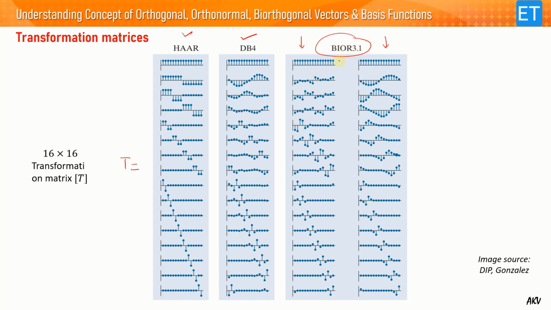Obviously, because bi-orthogonal, as I have already explained, the first T1, I mean first transformation matrix, is used for decomposition, and the second one T2 is used for reconstruction, I mean the inverse transform. So these are some graphical views of the transformation matrices of some very popular transforms.